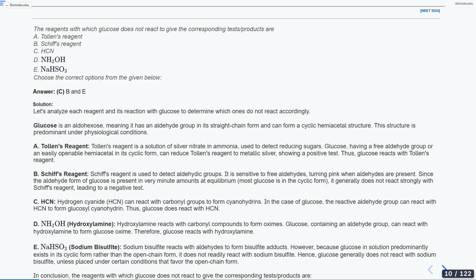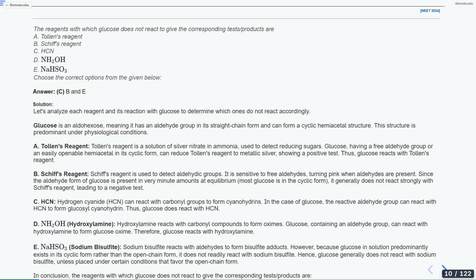Then HCN, yes, it can react with HCN as well as hydroxylamine. So your glucose can react with hydroxylamine, but the pentaacetate form of glucose cannot react with the hydroxylamine. Do not confuse these 2 points.